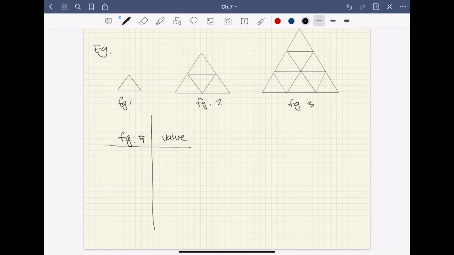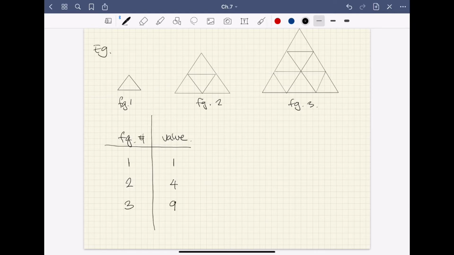So for the first figure, how many triangles are there? The value of triangle is 1. We have one triangle. For the second figure, figure 2, how many triangles are there? There are 4. And if you're looking at the third figure, there are 9 triangles.